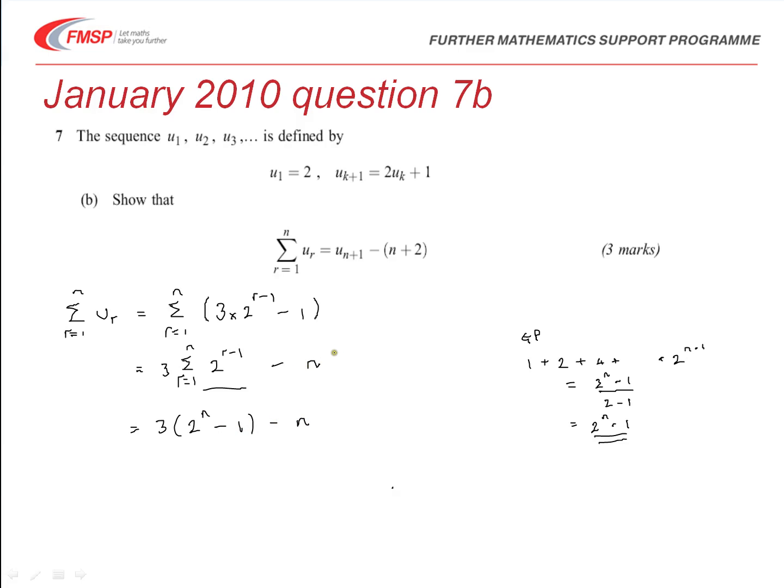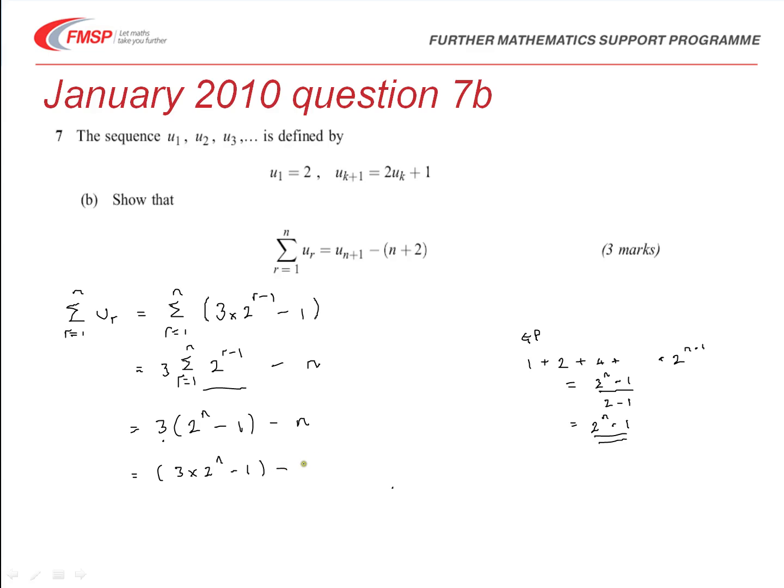Now, can we relate that back? Well, we should be able to, because if you remember, the term u_n is equal to 3 times 2 to the n minus 1. So if this is 2 to the n, then this must be the same as 3 times 2 to the n minus 1. But of course from that bracket you had 3 times minus 1, which was minus 3, so we've got to subtract another 2.